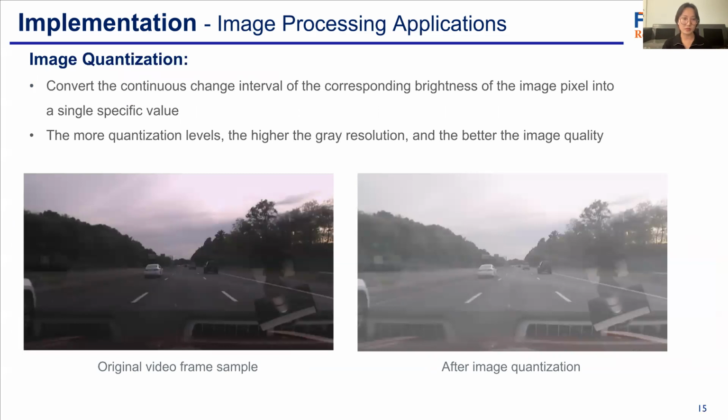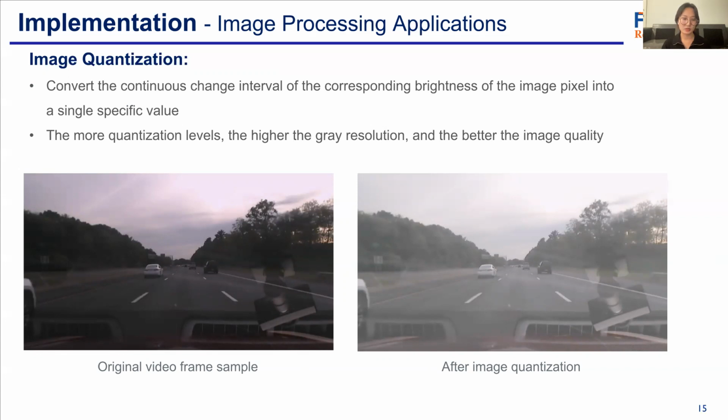Image quantization is the process of converting the continuous change interval of the corresponding brightness of the image pixels into a single specific value. That is, discretizing the spatial coordinate amplitude value of the original grayscale image.